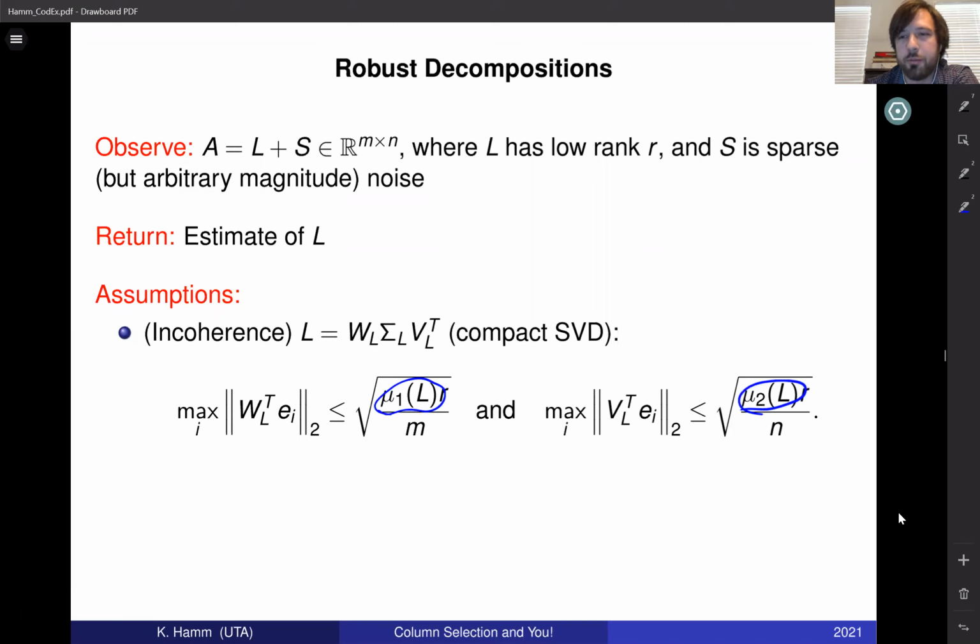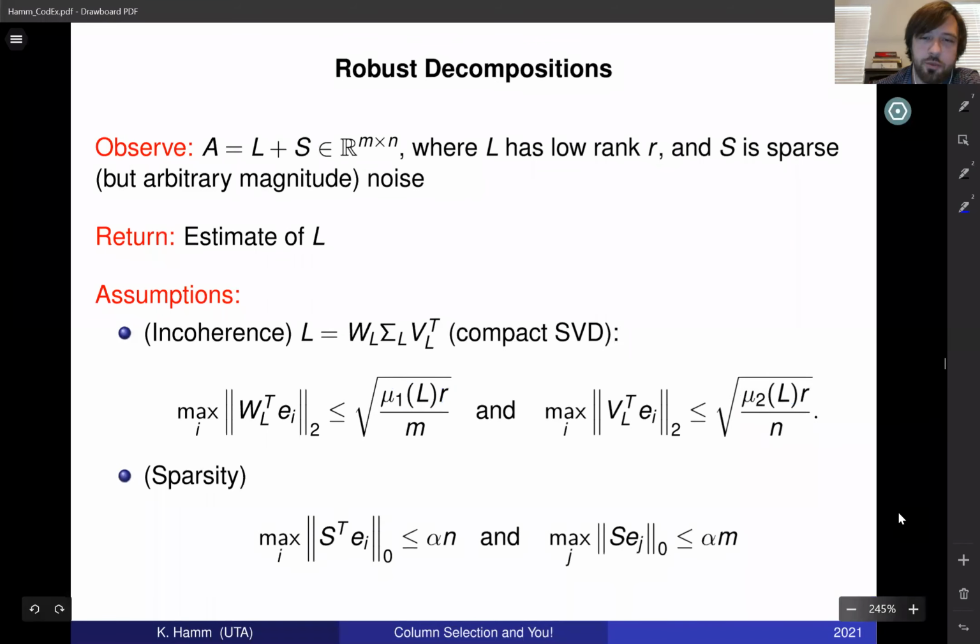So I essentially want them to be constant with respect to m or n. And then I'll assume the matrix S is alpha sparse, so it has at most alpha n or alpha m non-zero entries along its rows and columns respectively.